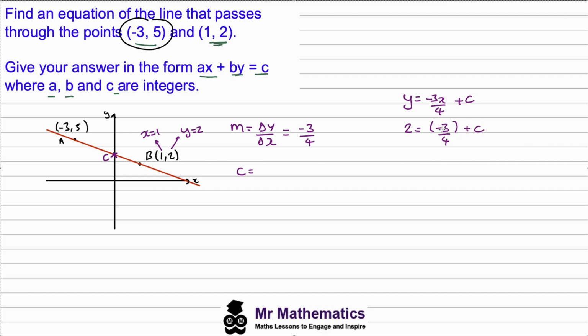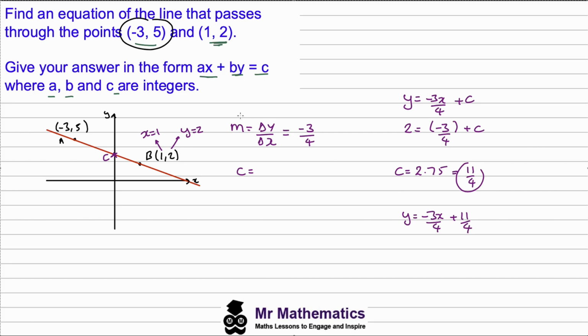So then we can move the -3 over 4 to the left-hand side, and we'll get c as 2.75, or 11 over 4. So if we substitute this back into our equation here, we'll get y is -3x over 4 plus the 11 over 4.